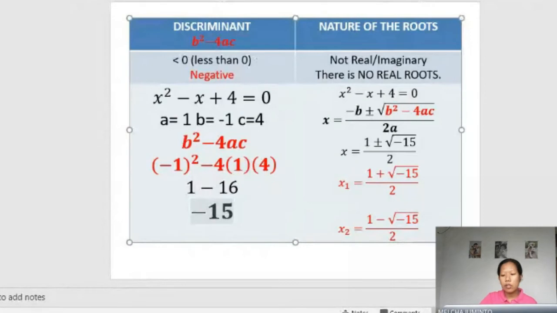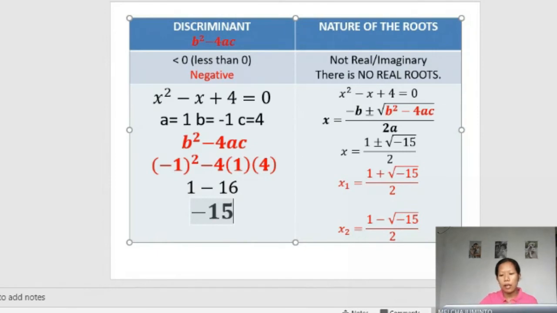Now, if the result of the discriminant is less than 0, or in short, a negative number, we are expecting that the roots are not real, or imaginary roots. You will determine if it is an imaginary number by simply looking at the number inside the radical sign.